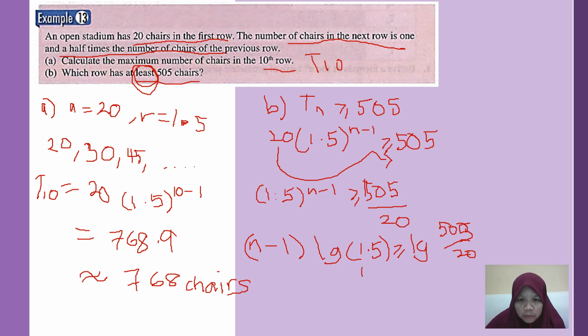Then move log 1.5 to the other side, so n minus 1 is greater than log of 505 over 20 divided by log 1.5, which is 7.96. You can try pressing your calculator.